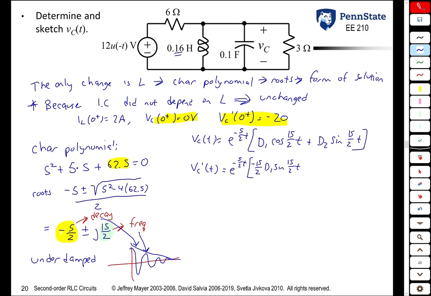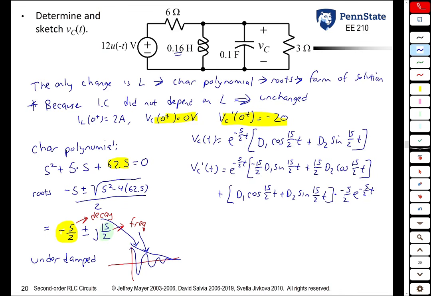The derivative of a sine is a cosine, no minus. So it's first times the derivative of the second, plus the second times the derivative of the first. This looks a little complicated, but fortunately, when we plug in t equals 0, a lot of things go to 0 or 1.